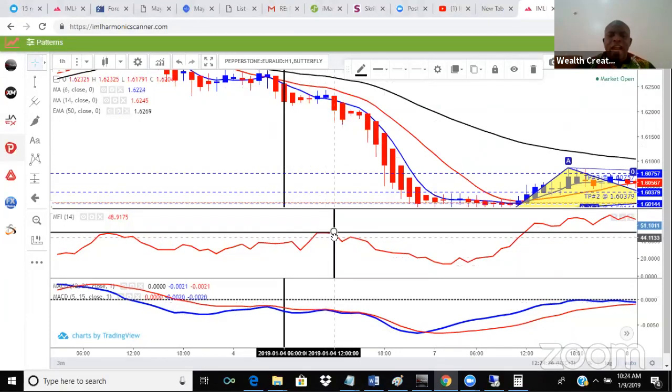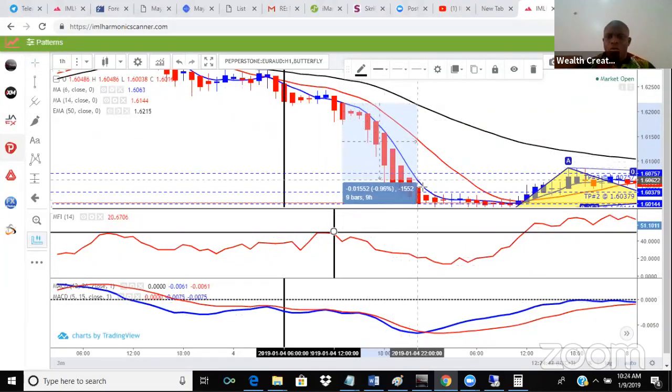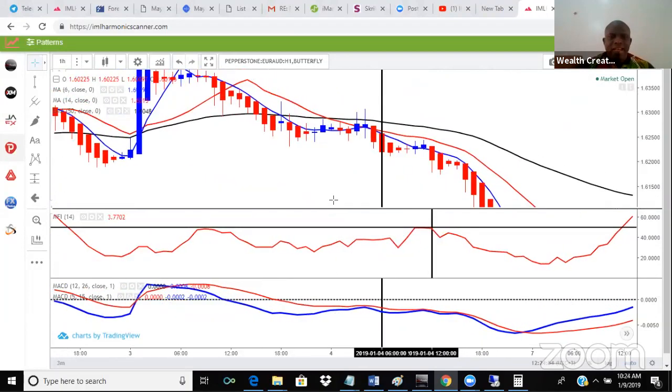When the rejection happened, then I will sell. And I will pick my 10 pips. It ended up giving us 197 pips. Guys, 10 pips.